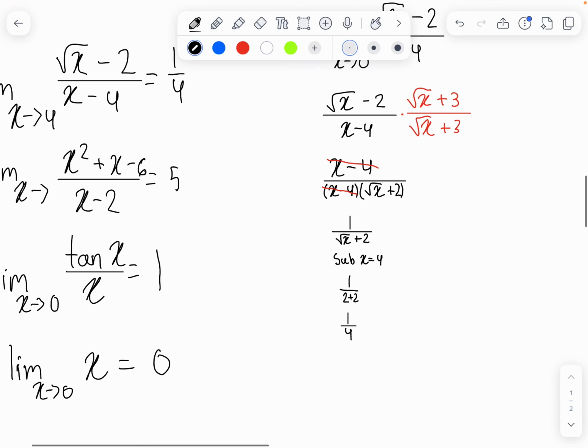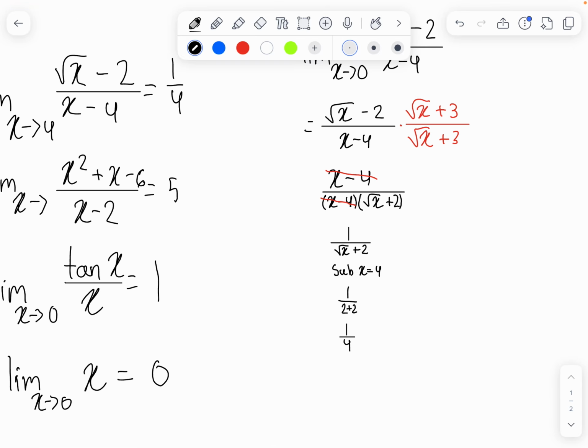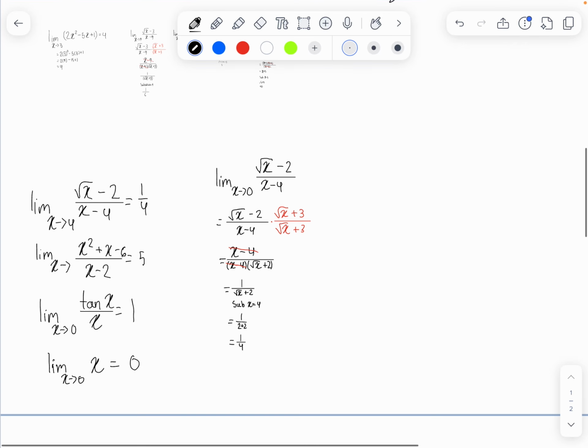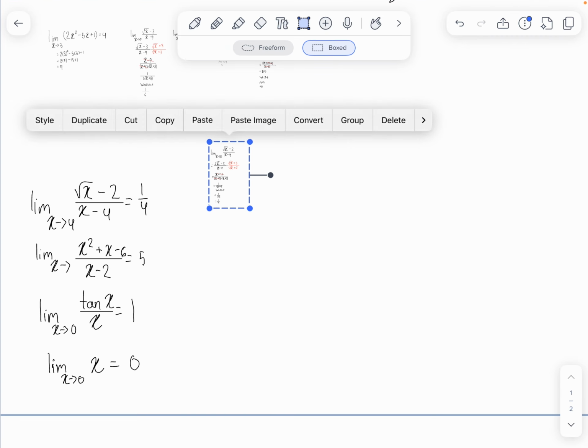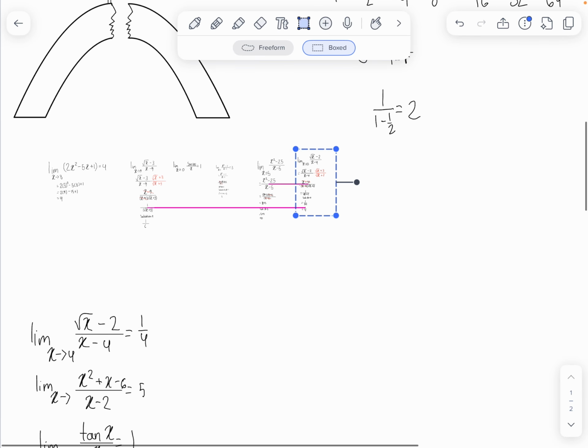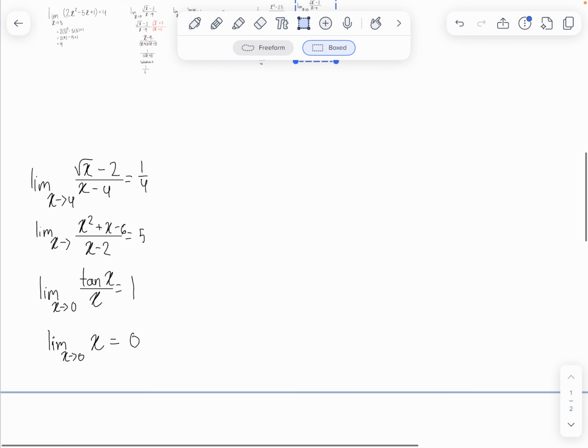And I forgot the equal signs for everything. Yeah, so this is here. On to the next question.